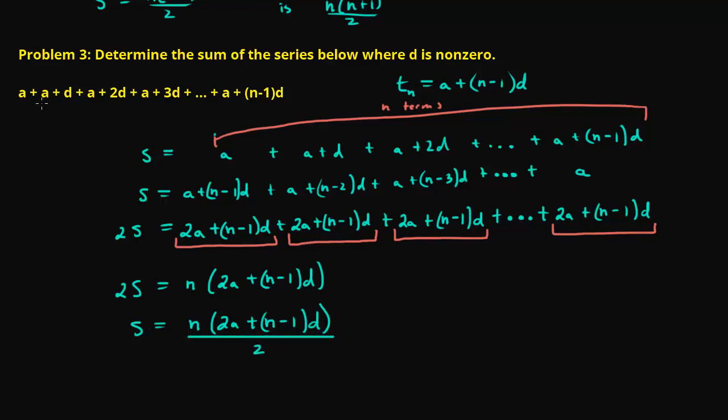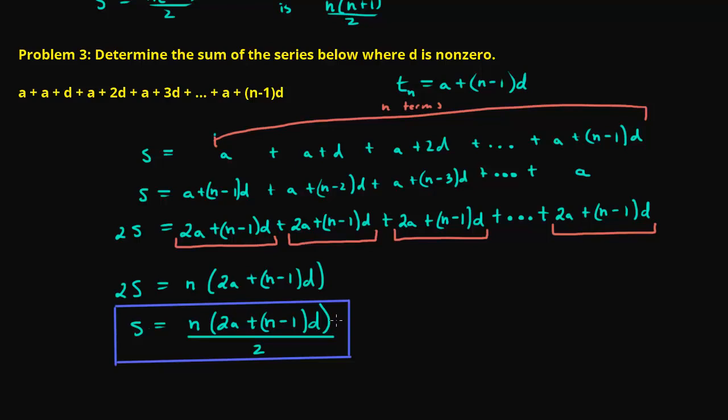This gives us a formula that's useful if we're given an arithmetic series. We can write the sum of that arithmetic series as the number of terms times 2 times the first term plus the number of terms minus 1 times the common difference, divided by 2. That's an extremely useful formula, and we're going to make use of it in the next few videos.